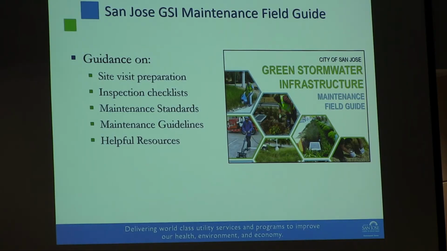And it's going to provide guidance, again, with checklists that site superintendents or supervisors can use to ensure everything's being maintained properly. It calls out what our maintenance standards are, so making sure that they're actually in compliance with the regulations. Then it's going to have standard guidance on how to properly maintain these systems and helpful resources for landscape professionals to use if they need a little more information.